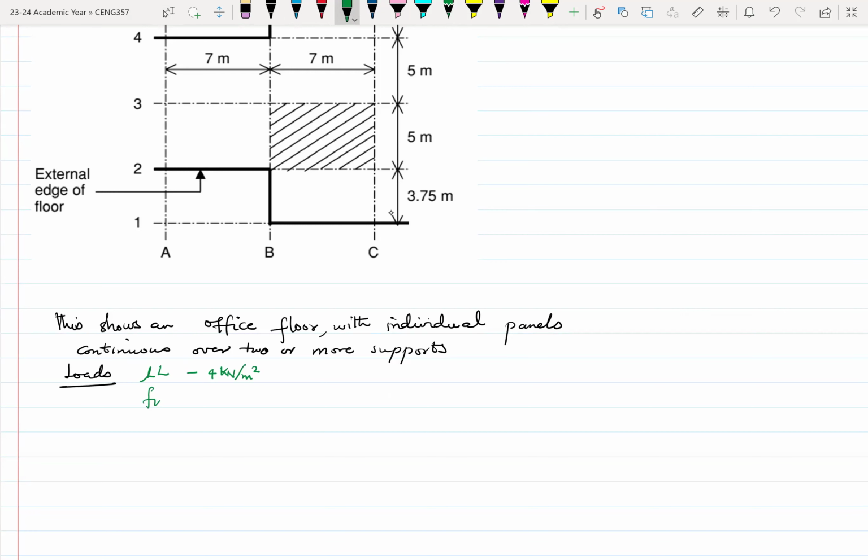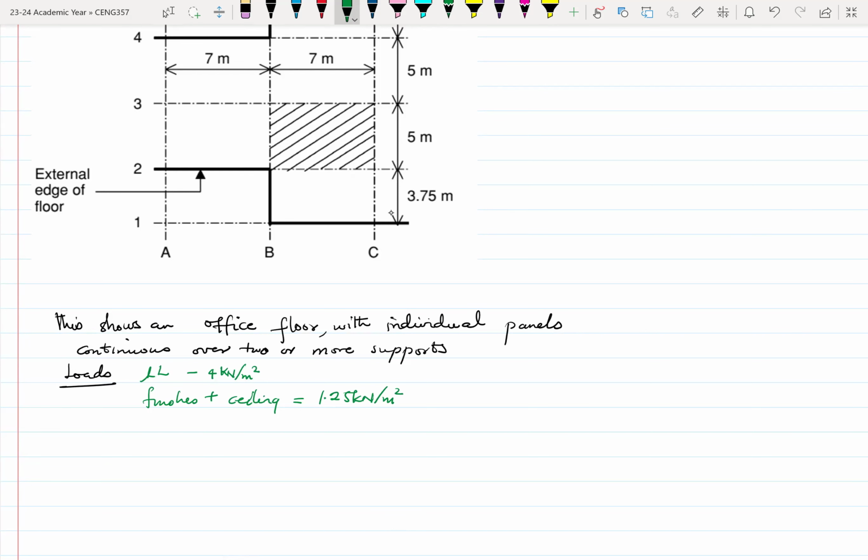And then finishes plus ceiling will be equal to 1.25 kilonewtons per meter squared.